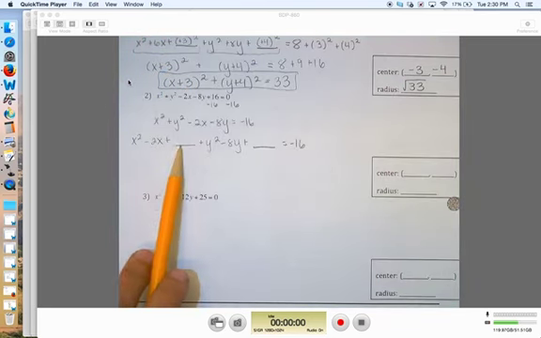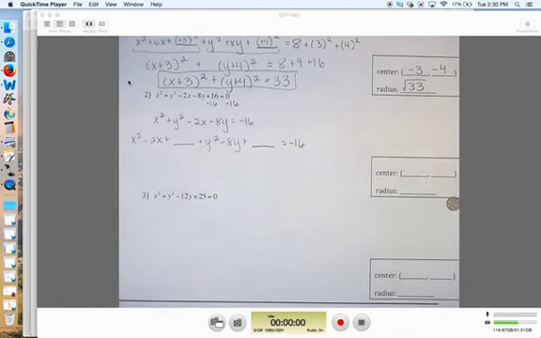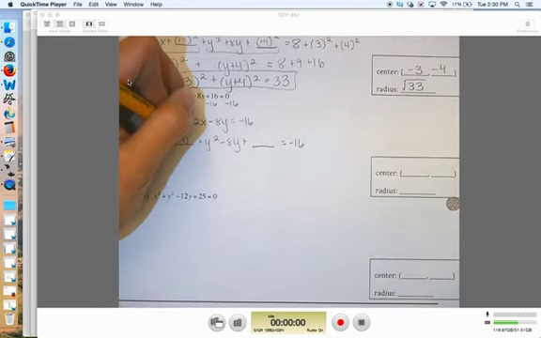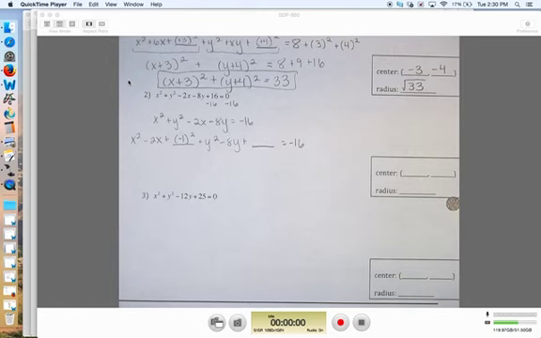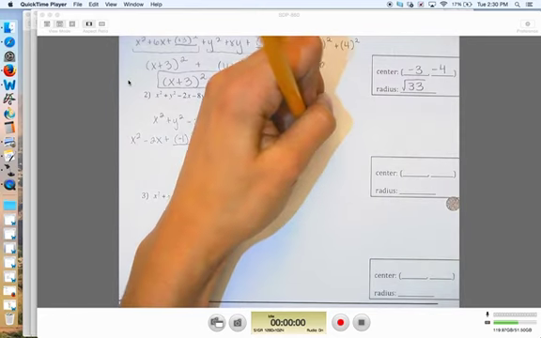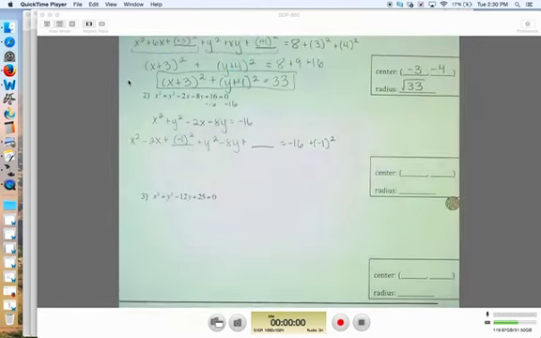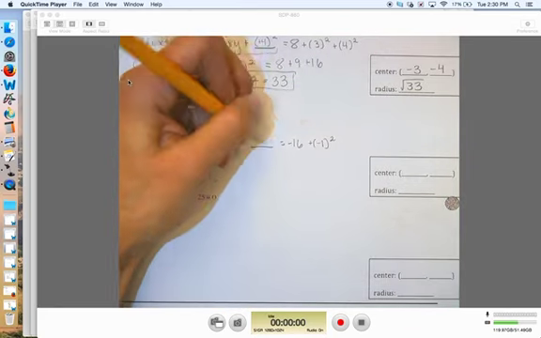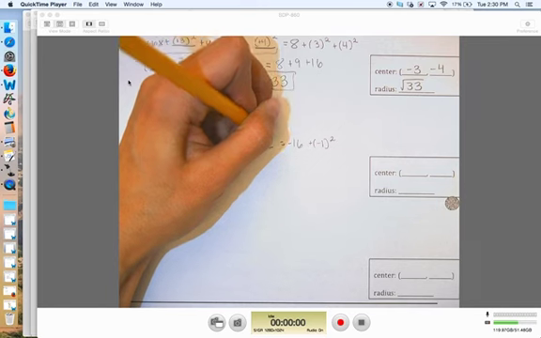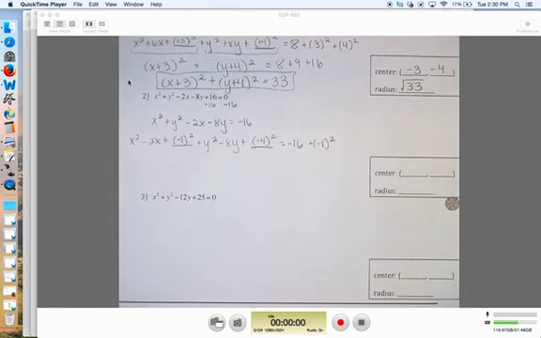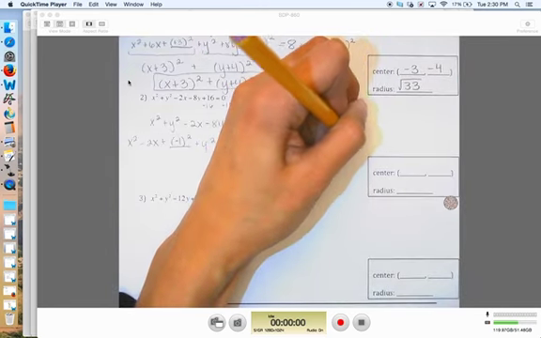Now we're going to complete the square for the x's. So half of -2 is -1, squared. And we also have to add that to the right-hand side of the equation. For the y's, we take half of -8, so (-4) squared. And we're also going to add that to the other side of the equation.